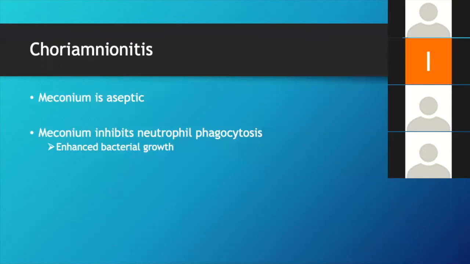So basically, you have stopped the immune system that's working around the baby, and you have provided lots and lots of rich nutrients, which is the meconium, the digestive proteins, etc., for the bacteria to grow upon. So it's not just about changing pH, it's about changing the environment, reducing the immunity or the antiseptic properties of the liquor, and providing nourishment for the bacteria.